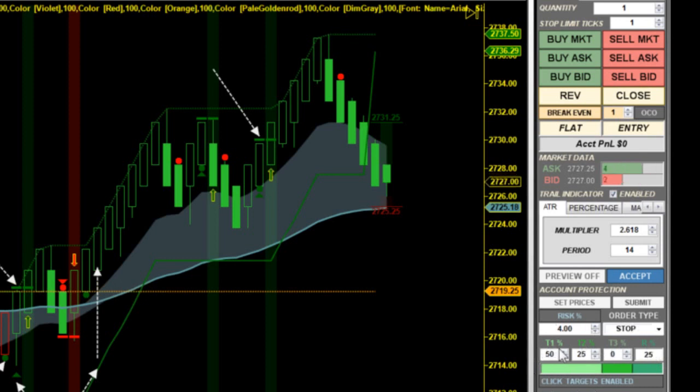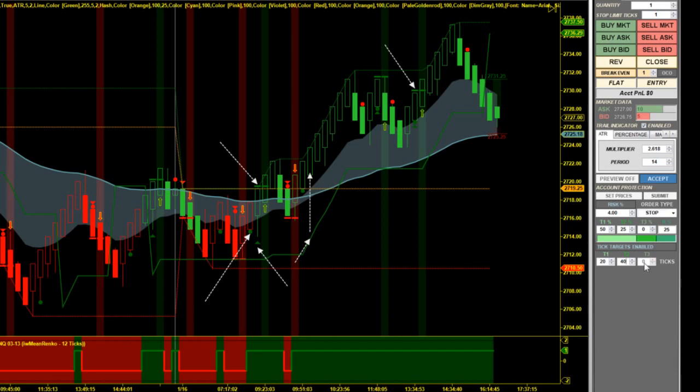You can do all in, all out, or space out your contract lot size to target 1, target 2, target 3, and a runner, any combination. You can also tell it exactly how many ticks you want for target 1. You may want 20 ticks for target 1, 40 ticks for target 2, and no ticks for target 3 if you're going to use a runner.